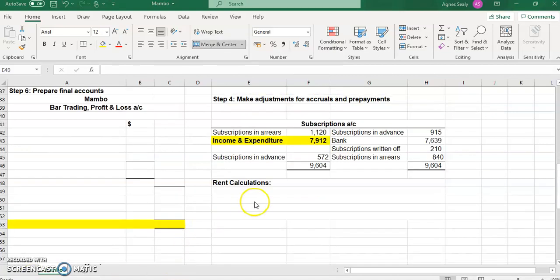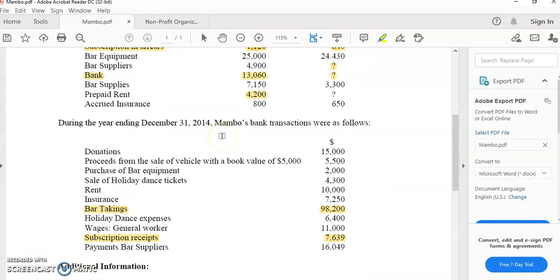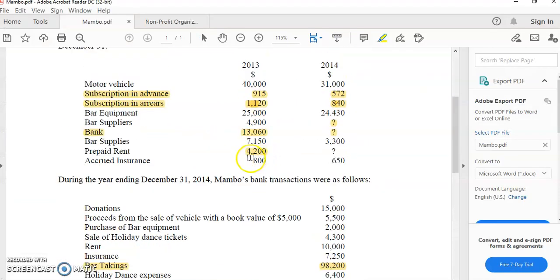So we are going to do our calculations for our rent. And we are going to start with this $4,200 here that they gave us at the beginning. They said that this $4,200 was a prepayment to April 2014. So that's a prepayment for 4 months.